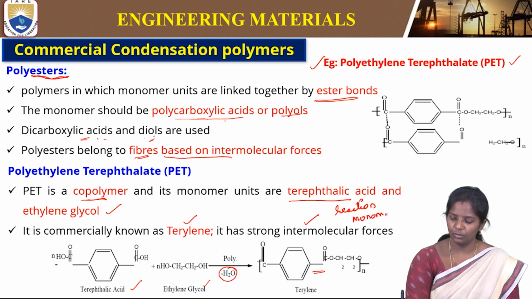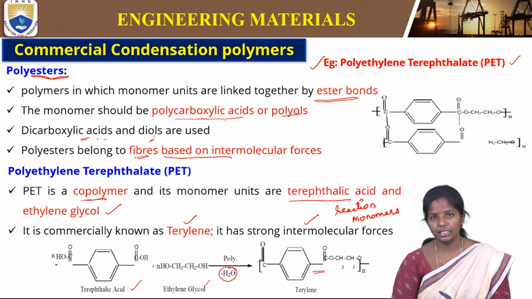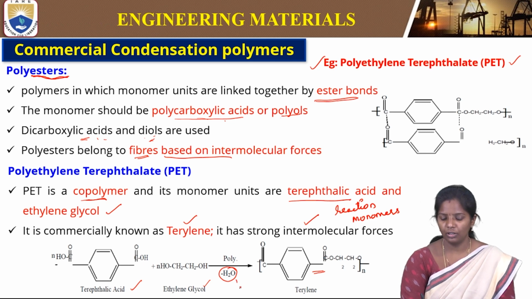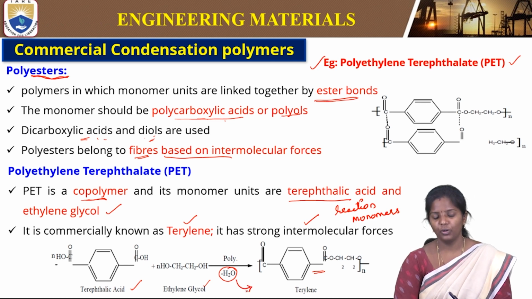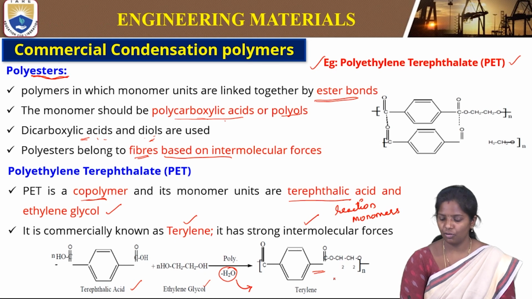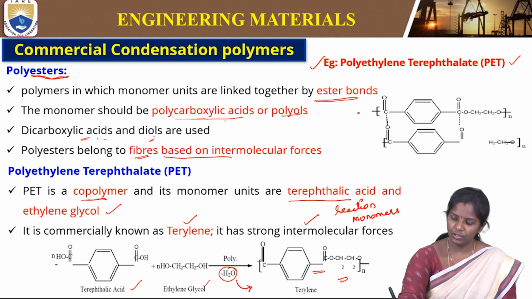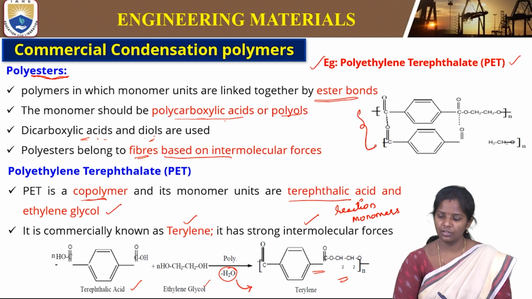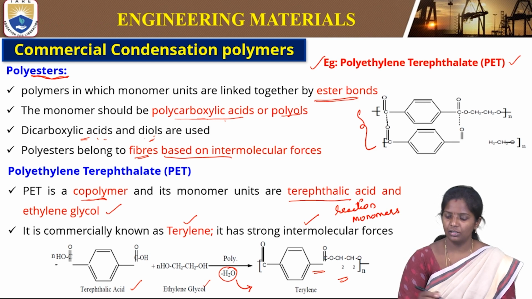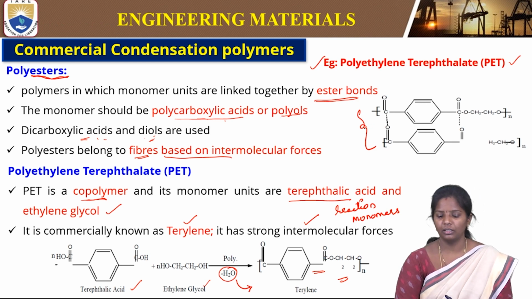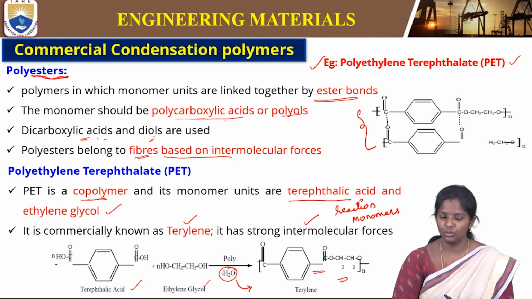Reaction between monomers undergoes condensation reaction wherein a water molecule is removed. Upon removing the water molecule, there is a formation of a polymeric chain. So between two polymeric chains, there is a formation of bonds. So these bonds are nothing but intermolecular forces between two different polymeric chains. So the formation of esteric bonds is creating polyester fiber.